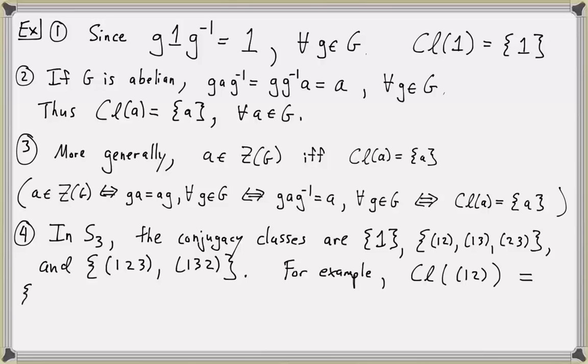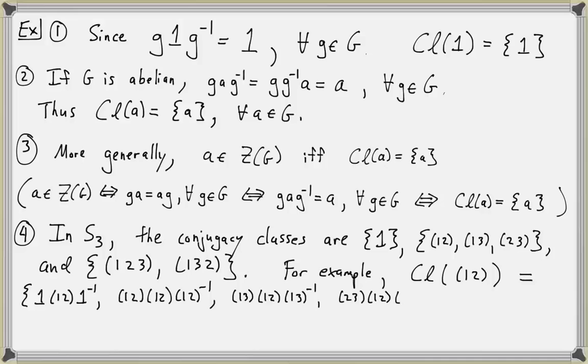So this would be the set containing 1 (1 2) 1 inverse, (1 2)(1 2)(1 2) inverse, (1 3)(1 2)(1 3) inverse, (2 3)(1 2)(2 3) inverse, (1 2 3)(1 2)(1 2 3) inverse, and the element (1 3 2)(1 2)(1 3 2) inverse.